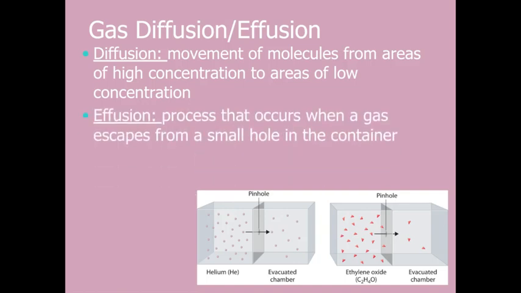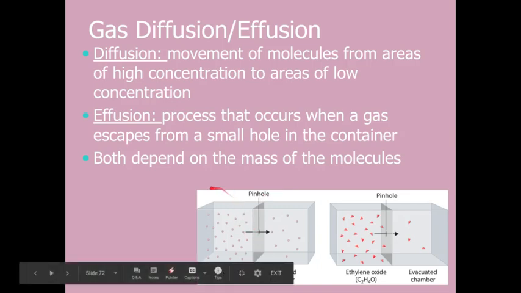And finally, this word looks really similar to diffusion, but it is going to be slightly different. If we refer to effusion, we're still talking about gases traveling. And effusion is the process that occurs when a gas escapes through a small hole in the container. This is going to depend on the mass of the molecules.